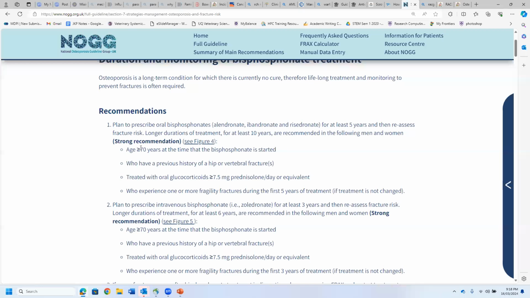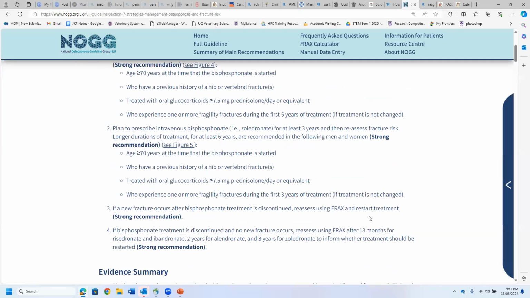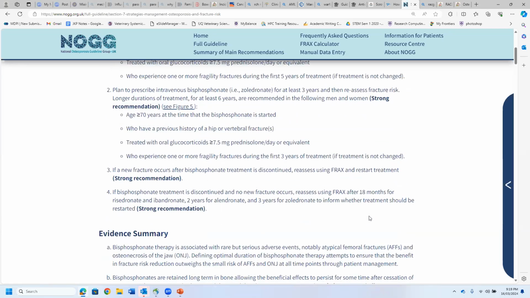So the recommendation is that if the patient is more than 70 years of age, has a history of hip or vertebral fracture, has been treated with a steroid of more than 7.5 milligrams per day, or has one or more fragility fractures during the first 5 years of the treatment, then start the patient on bisphosphonates. You can give the patient oral or IV depending upon the patient's preference.